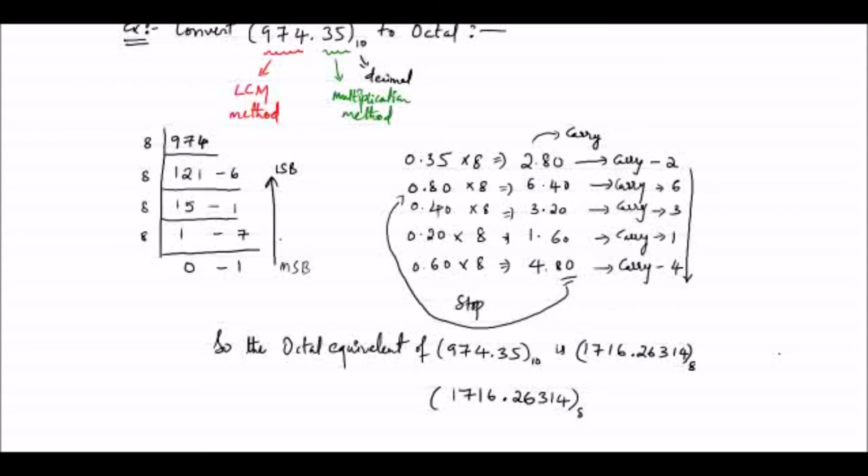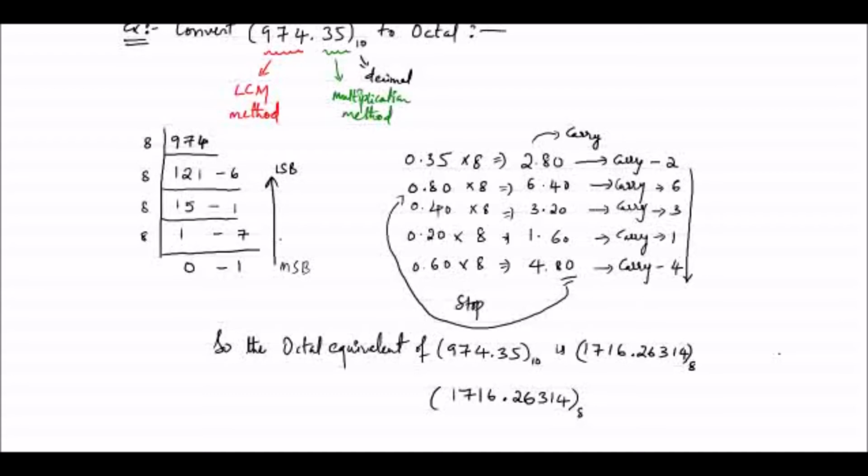Now I have to find the value of 0.35. So I will multiply this 0.35 by 8, which is equal to 2.80, and I will bring this 2 as a carry here, and again I will bring this 0.80 and multiply it by 8. We'll have 6.40, and I will bring this 6 as a carry and multiply 0.40 by 8.